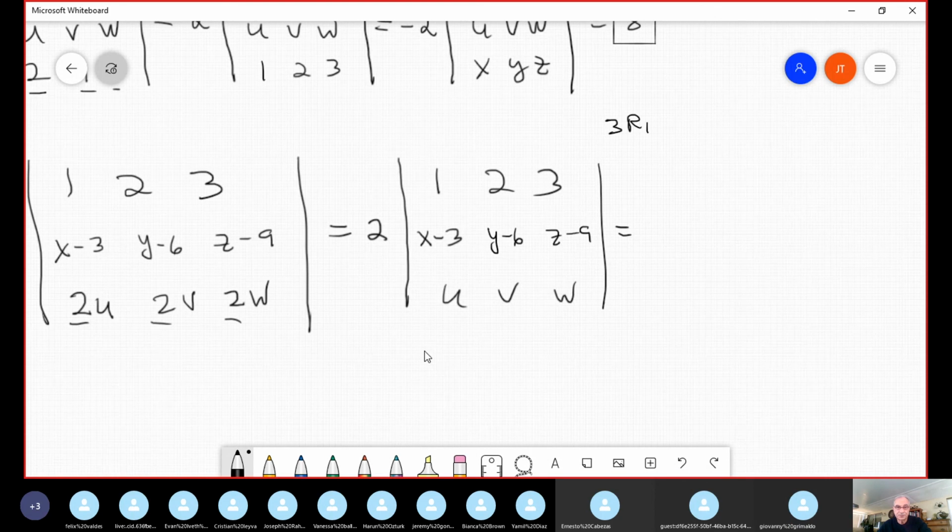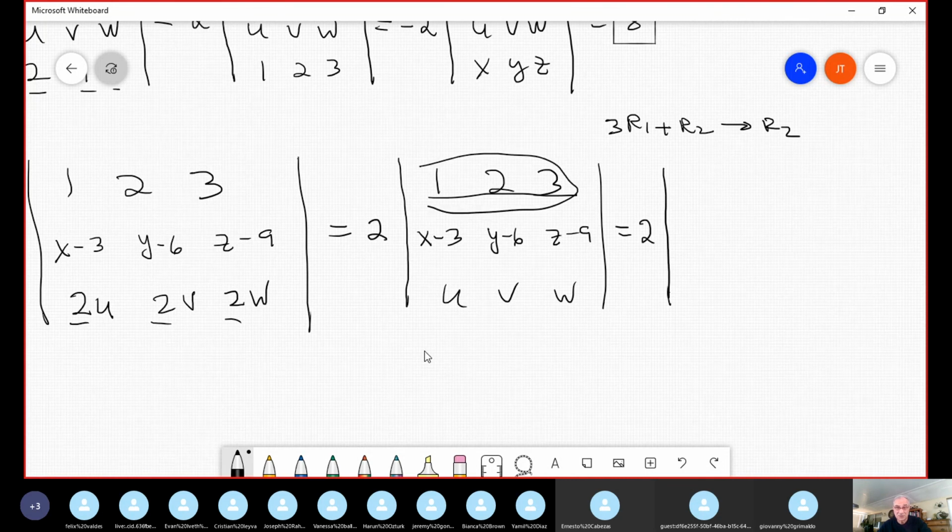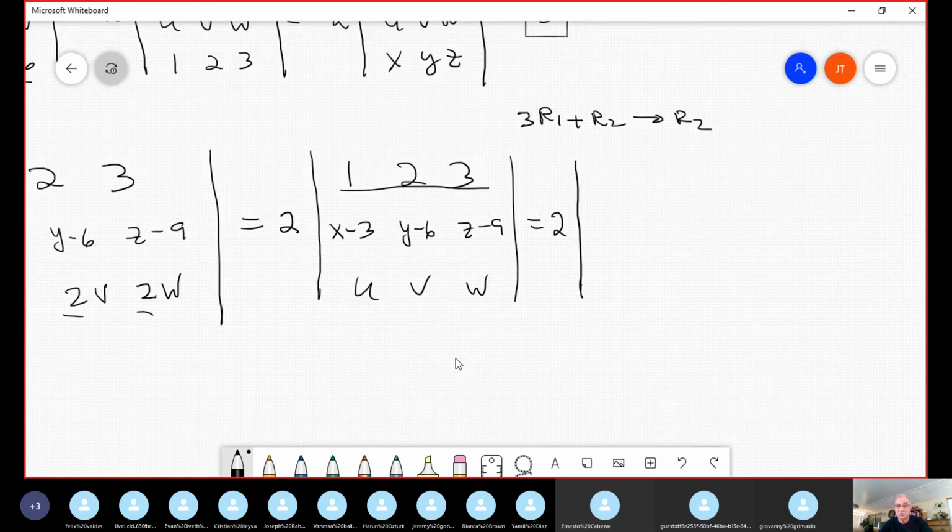This is row 1, no? This is a row. Plus row 2, stored in row 2. Okay. Don't forget to copy that again. Entonces, I am doing a row operation between row 1, which is this, and row 2, which is this. Okay? I know it's hard for the students to see the row operation, but you need to tell your brain to see the row operation.